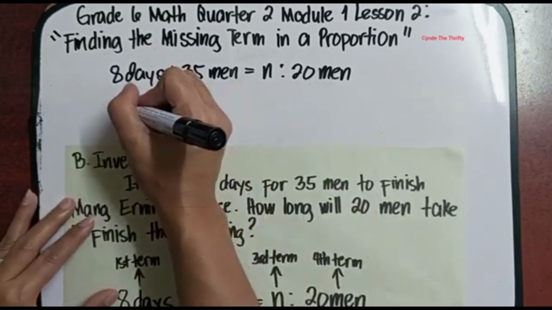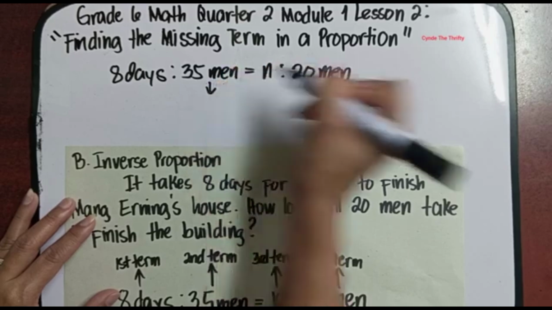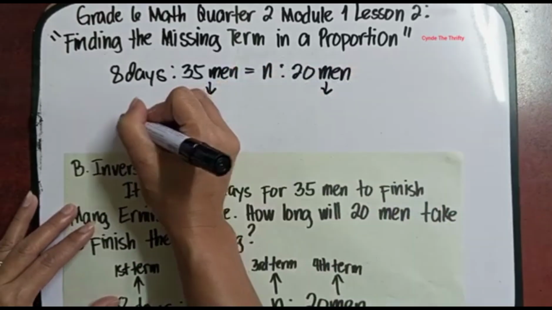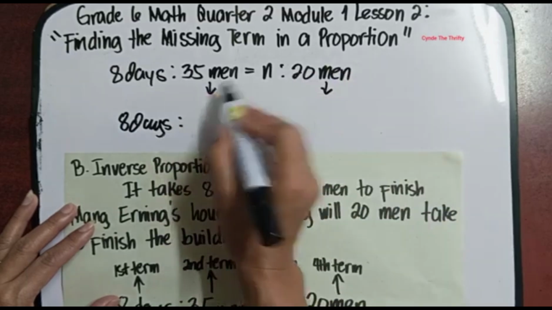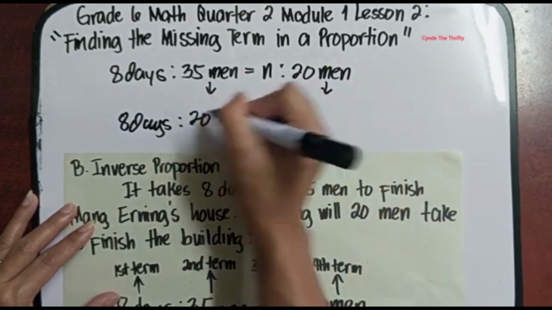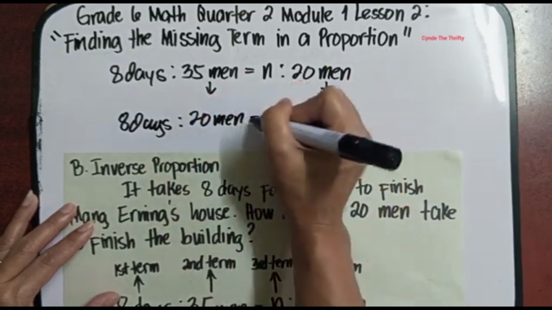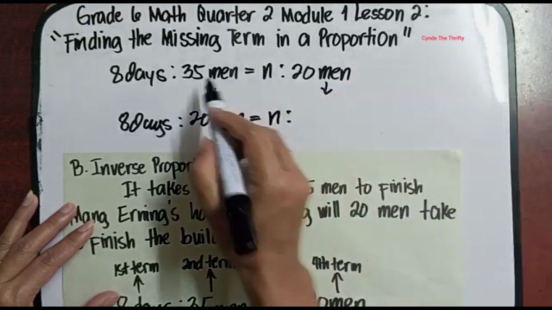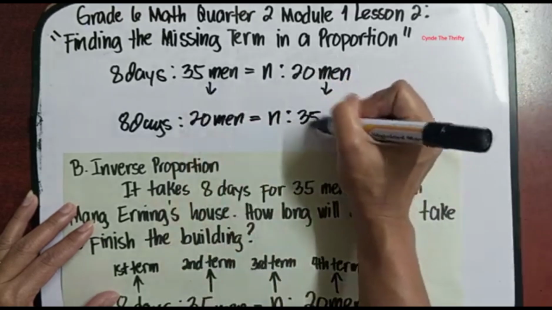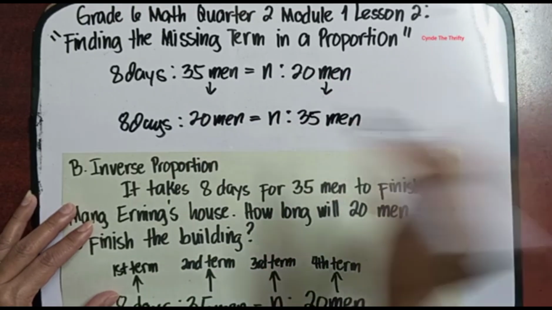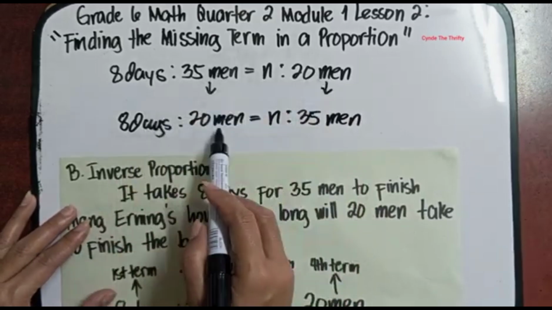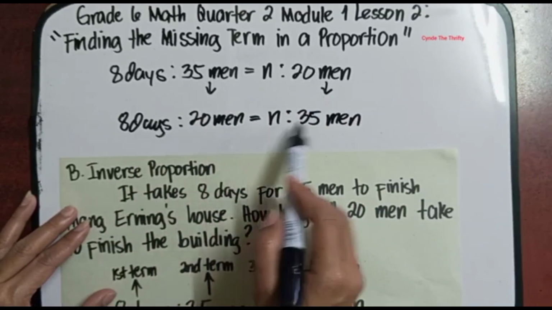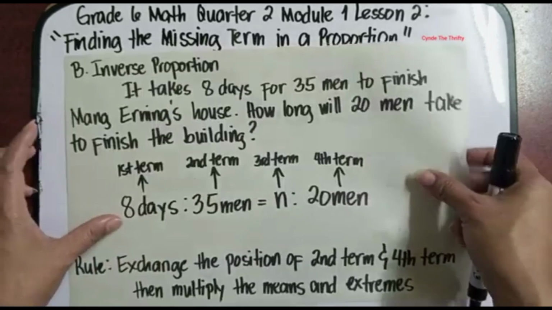Magiging 8 days is to 20 men is equal to N is to 35 men. Okay. So, ganito na siya. Pag exchange natin ng second and fourth, naging 8 days is to 20 men is equal to N is to 35 men. So, ano ang susunod natin gagawin?